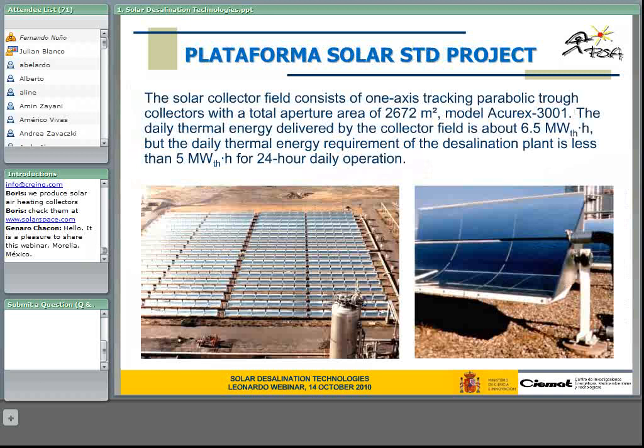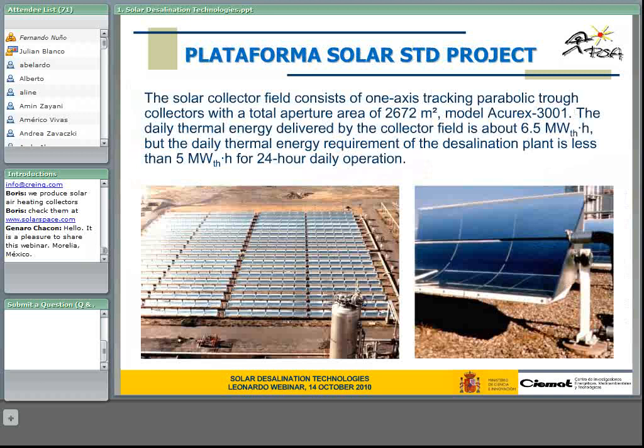This field could provide about 6.5 thermal megawatt hours of thermal energy, which is stored in the tank. Considering 24-hour operation of the MED plant, we need about 5 thermal megawatt hours of energy to guarantee the 24-hour operation of the plant.